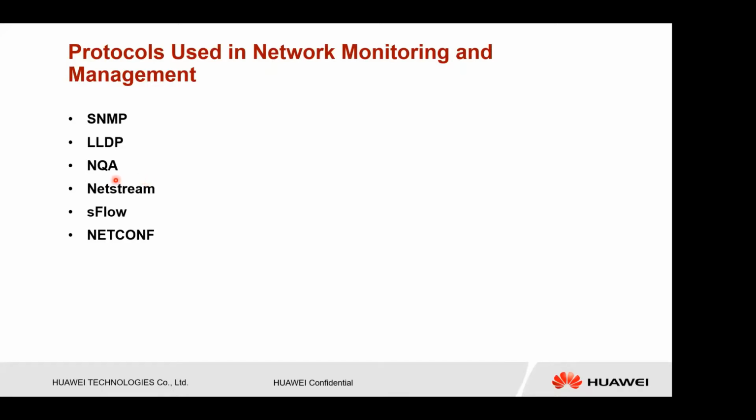NetStream is based on the packet flow in the network. Also, we have sFlow, which is similar to NetStream, a technology used to collect traffic information. However, sFlow is based on per packet compared to NetStream, which is on a flow basis.